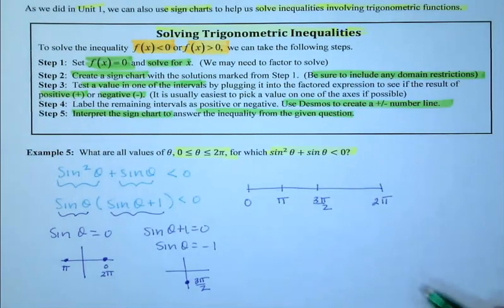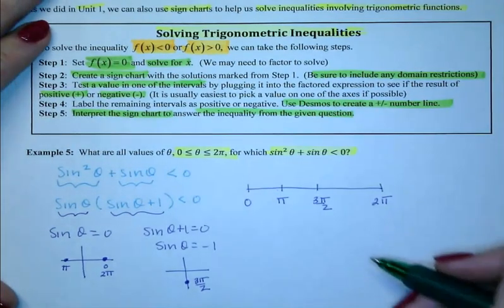But some of the things to keep in mind when you're testing values with trig, I try to test the axes when I can, because those are going to be the easiest numbers to work with, them all being zeros and forms of 1. If that doesn't work, then I try to see, is there a pi over 4 angle in that window that I could use? If I have to crunch numbers with the others, then I will. But those are my 2 go-tos to make my calculations easier.